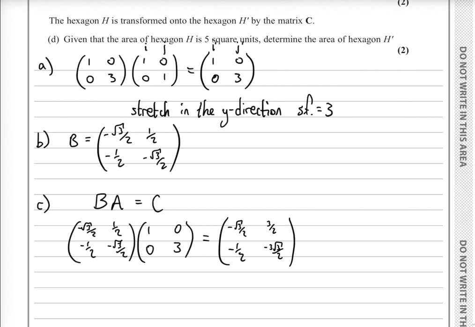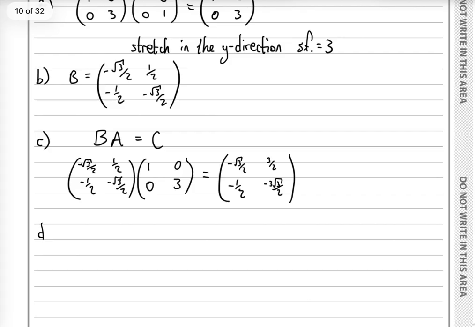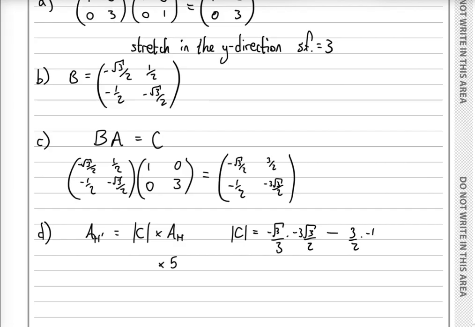Part D, the hexagon H is transformed onto the hexagon H' by the matrix C. Given that the area of hexagon H is 5 square units, determine the area of H'. So when we're doing this, the area of H' is equal to the determinant of C times the area of H. We know H is 5, we need the determinant of C, and that is equal to minus root 3 over 2 times minus 3 root 3 over 2, take away 3 over 2 times minus a half.